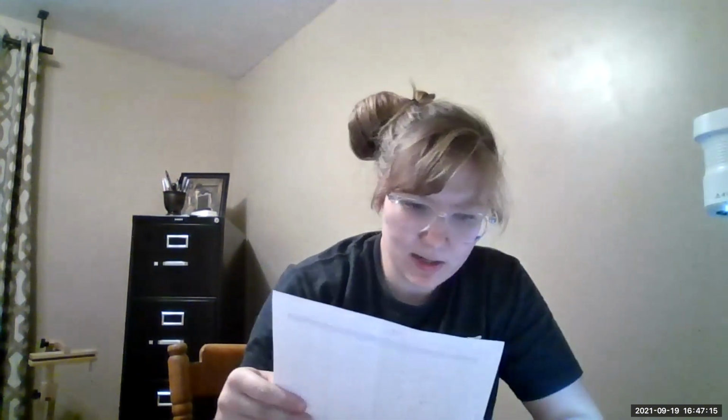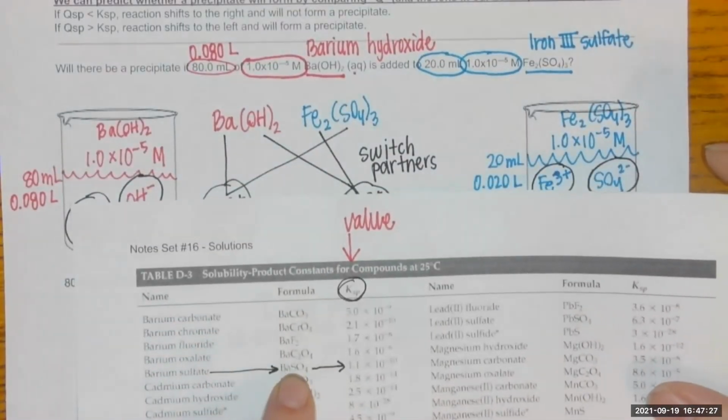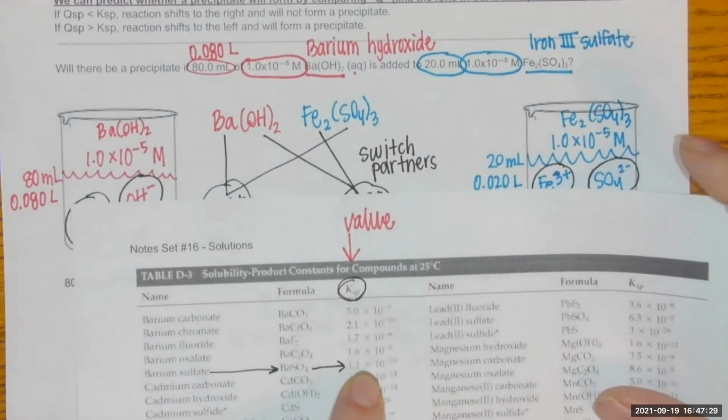See where I'm going with this? So what I did is, I think I got these from this table in the notes. I did. So we have barium sulfate and then the iron hydroxide. I just looked these up in my table. Barium sulfate, 1.1 times 10 to the negative 10.